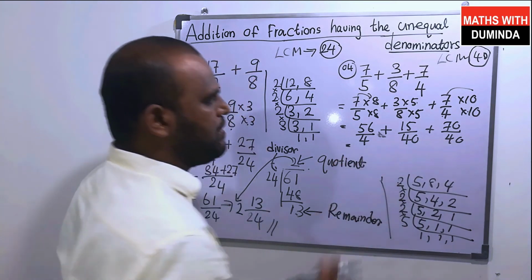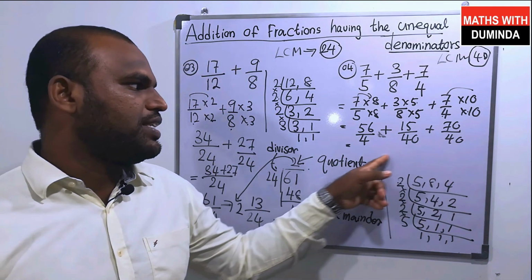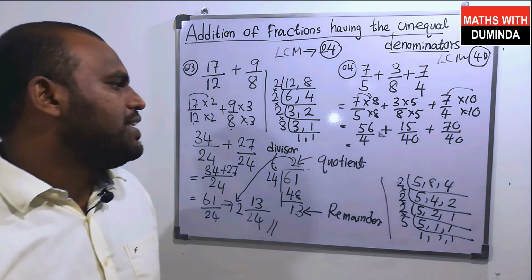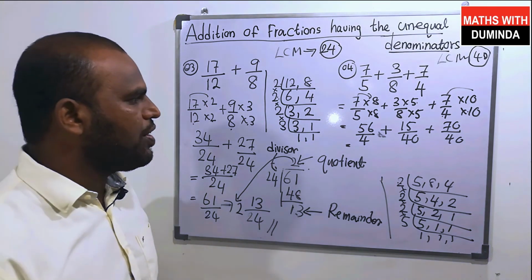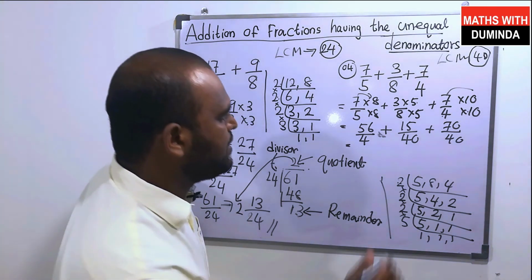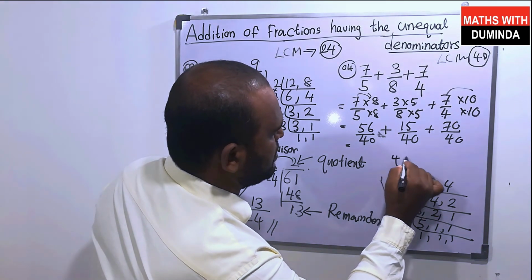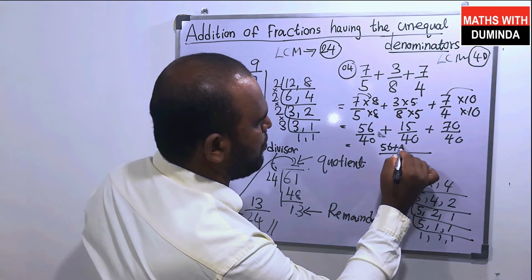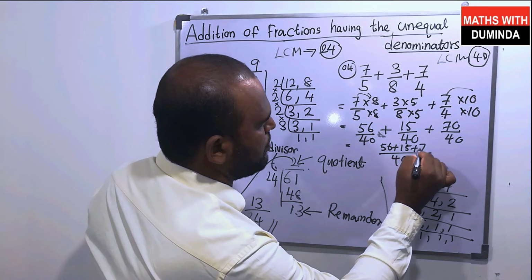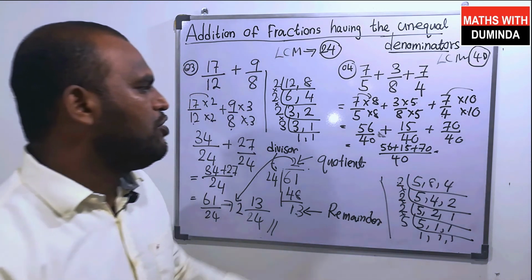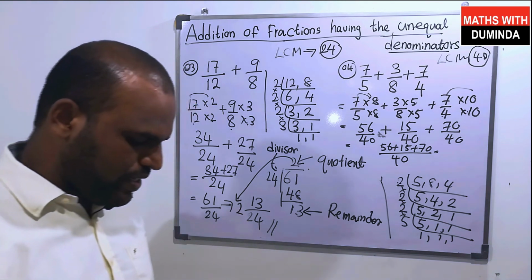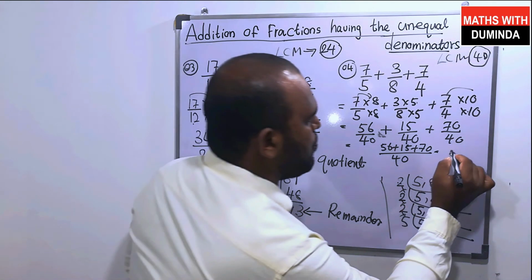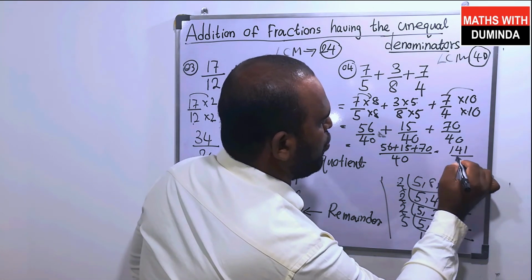As you can see, we have equal denominators here, therefore we can add the numerators. Then 56 plus 15 plus 70. When you add 56, 15 and 70, you get 141 over 40.